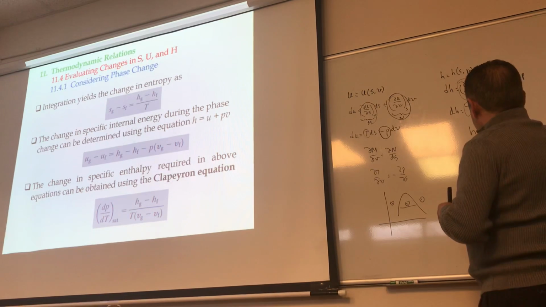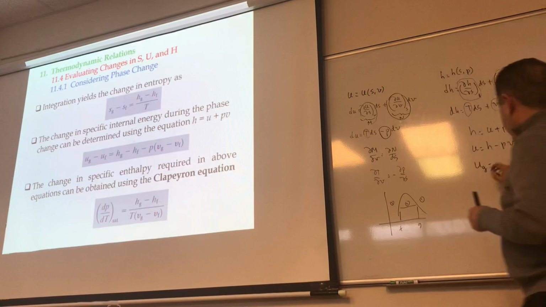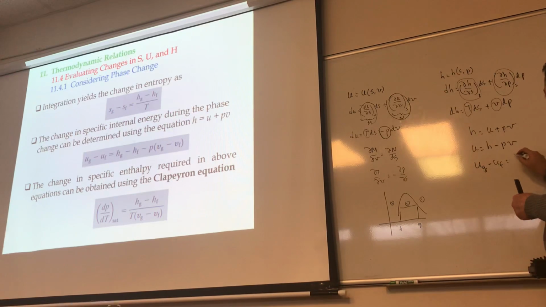That means that Ug minus Uf, where this is G and this is F, is equal to Hg minus Hf minus the pressure, which does not change so it's constant, times Vg minus Vf, which is equation number 2. So Ug minus Uf is equal to Hg minus Hf minus P times Vg minus Vf.